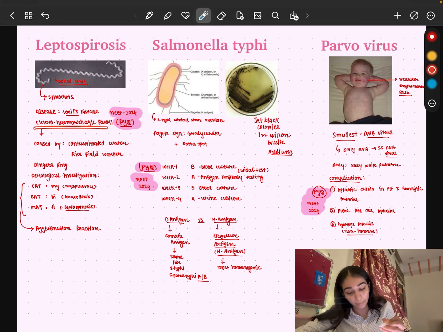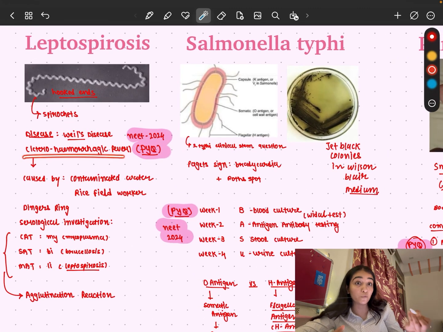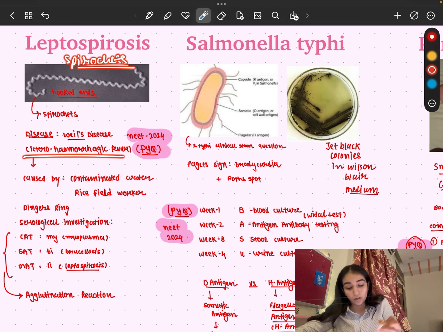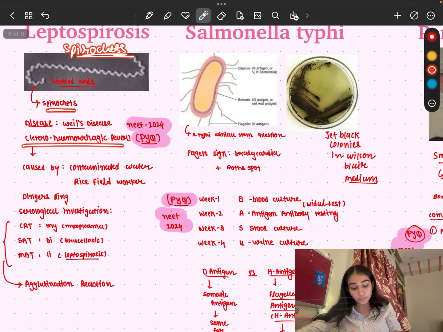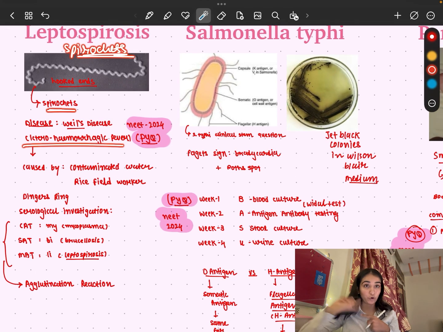So remember, leptospirosis is a type of spirochetes. So I'll just write it here. It is a type of spirochetes. Now, icterohemorrhagic fever, we have already discussed that, and it is a NEET 2024 PYQ.